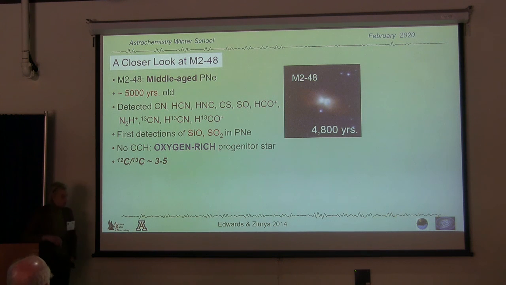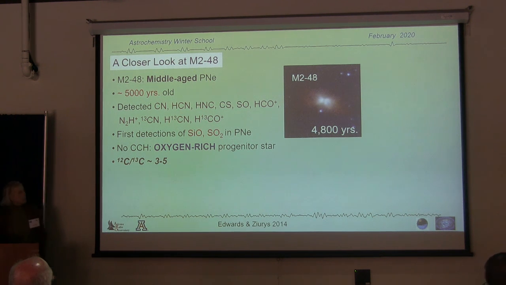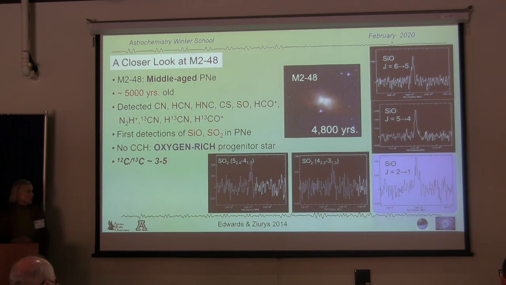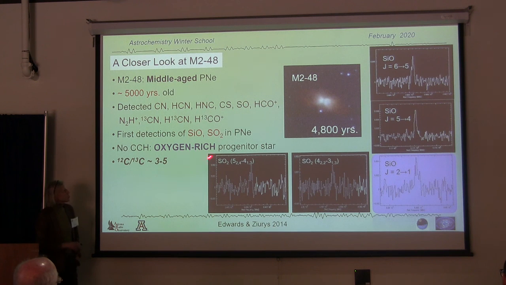Another interesting nebula we studied was M2-48. It's about middle age, about 5,000 years old. You can see its bipolar structure. Not a lot of observations of this nebula. And here we detected some interesting molecules as well, including SiO and SO2, as well as SO. And we didn't see CCH, which we saw in most of the other ones. And we recognized here that we're looking at a nebula that's oxygen-rich.